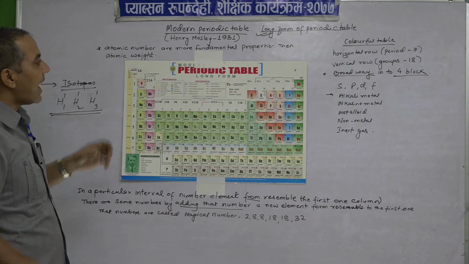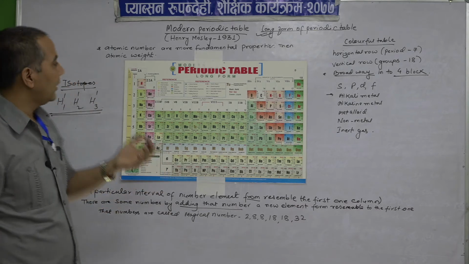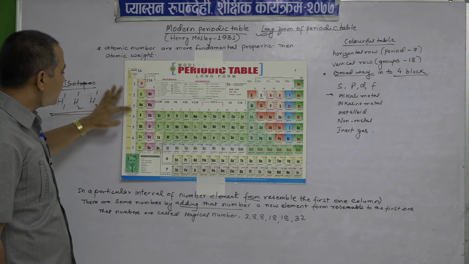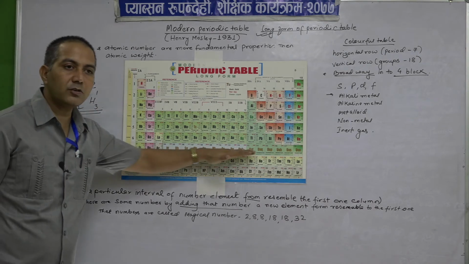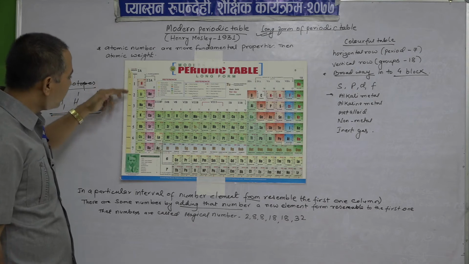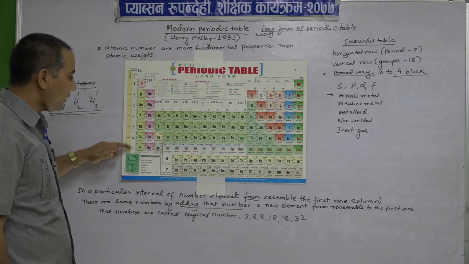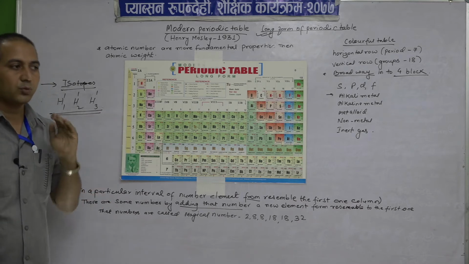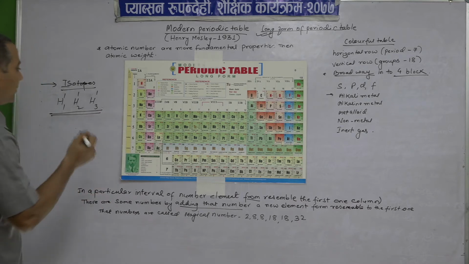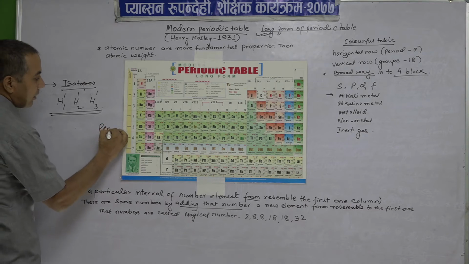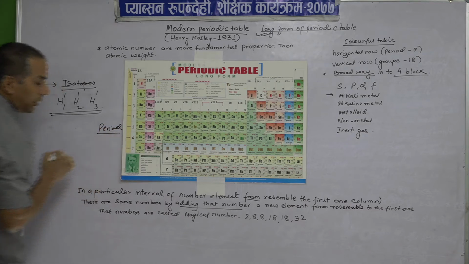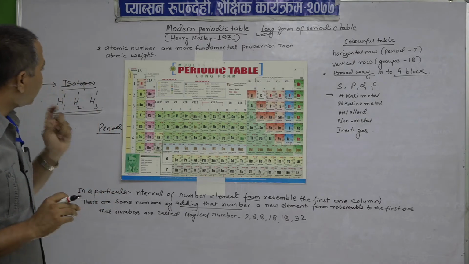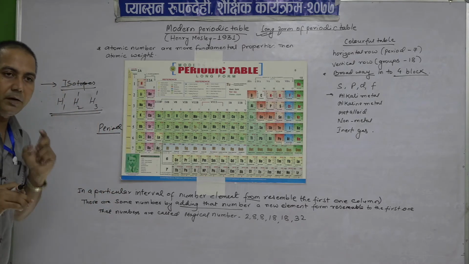As in Mendeleev's table, in the modern periodic table there are 7 different horizontal rows: 1, 2, 3, 4, 5, 6, 7. These horizontal rows are called periods.